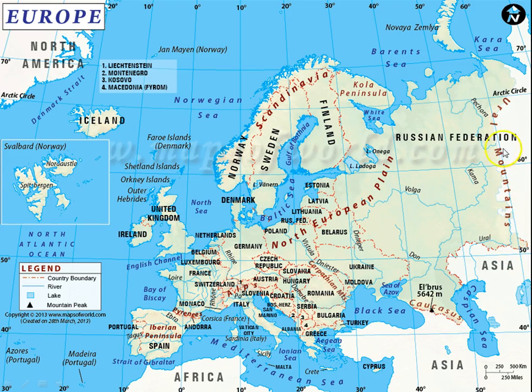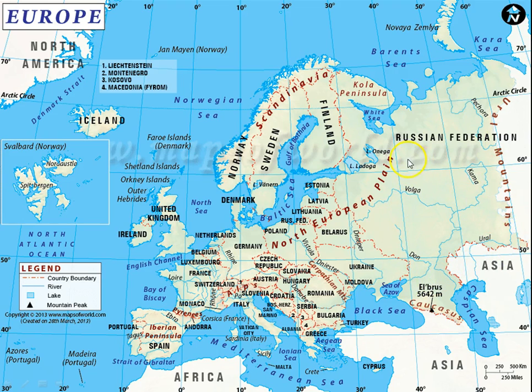This Ural mountain separates these two places. The area surrounding it is known as Eurasia, because this is the place where Asia and Europe meet each other. It literally divides these two parts.